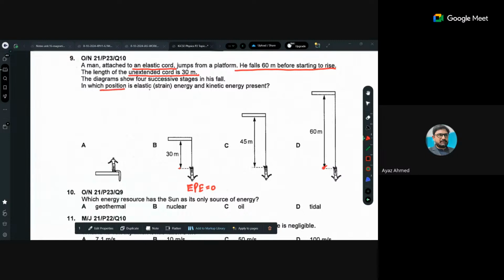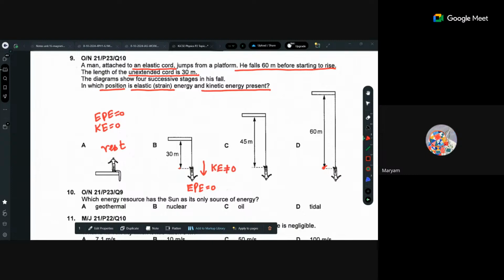In which position are the elastic potential energy and kinetic energy both present? At the start it is at rest, so kinetic energy is zero and elastic potential energy is zero. Here it is moving downward, so kinetic energy is not zero, but elastic potential energy is zero.